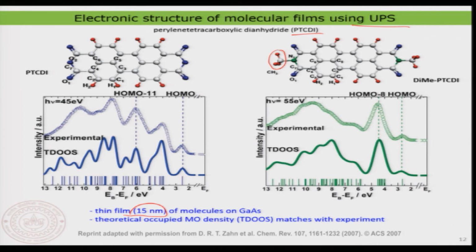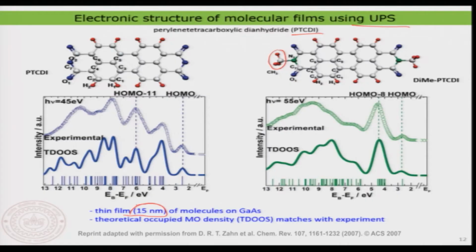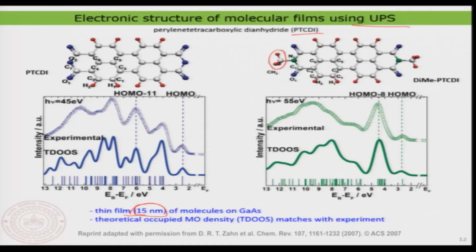But when it comes to ultraviolet photoelectron spectroscopy, you go a little bit bigger. In this case I am looking at a 15 nanometer thick film of molecules on a gallium arsenide surface, and I can measure the density of states of the molecule. You can see clearly that this is the binding energy, which increases, and somewhere here I have the Fermi level.